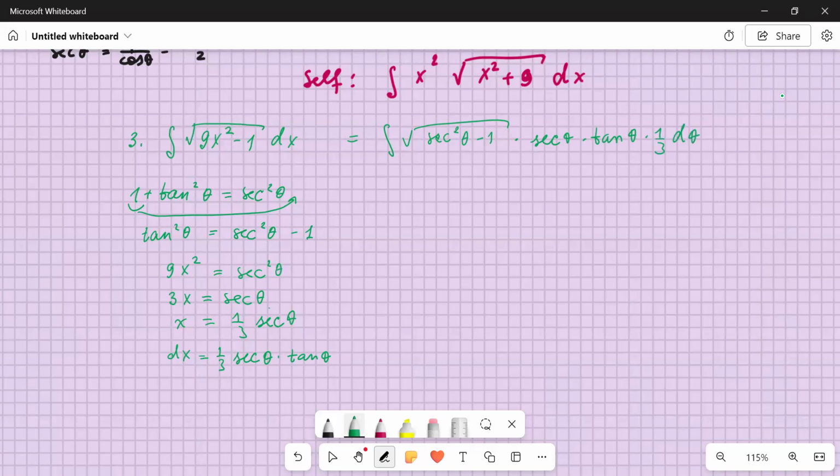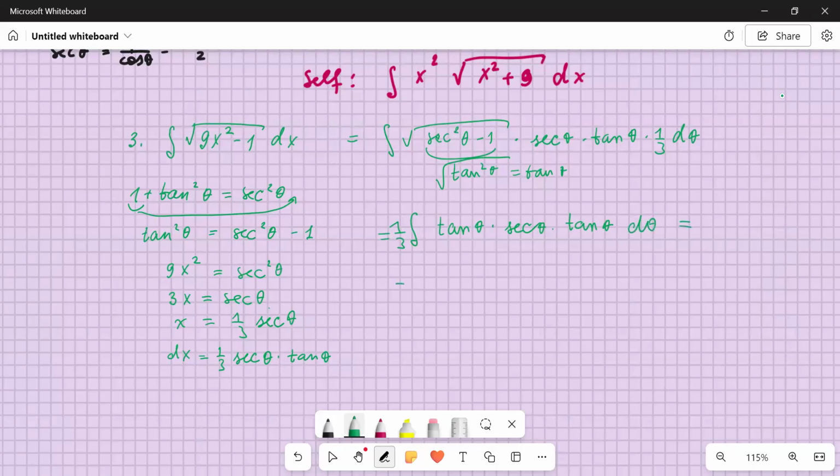Well, we'll need to convert this one into tangent square and extract the square root. I'm going to just write it as tangent square, and then we extract the square root, which is going to give us tangent of theta. So my integral is going to look like tangent of theta multiplied by secant of theta multiplied by tangent of theta, and 1 over 3 is going to be written before d theta.